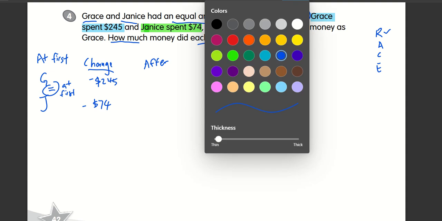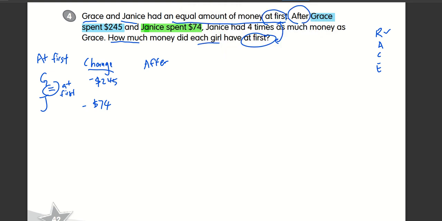So right now you can ask yourself, if that's the case, after the spending, who's supposed to have more money? Over here it is given that after the spending, their relationship is that Janice becomes 4 times of Grace.